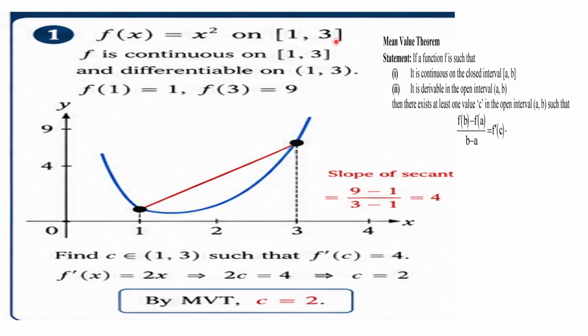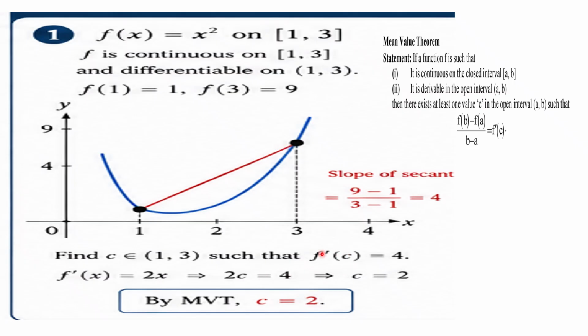Here of course b we consider 3, and a is equal to 1, so 9 minus 1 over 2 is equal to 4, the slope of the secant line. So by the mean value theorem this 4 is equal to f prime c, by which we have to find c, and it must belong to the open interval (1, 3).